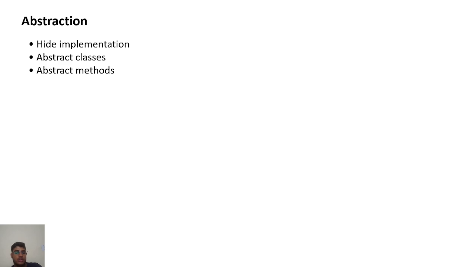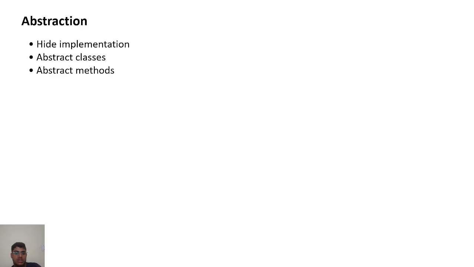Example outside of Python. Think about the ATM machine. You insert your card, enter your PIN, and withdraw money. You don't know how the ATM communicates with the bank app or processes your request internally.